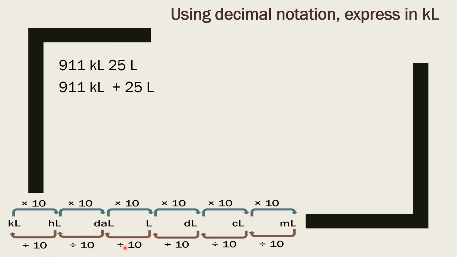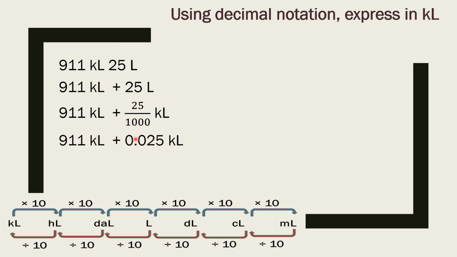It means we need to divide by 1000. So here 911 kiloliter plus 25 by 1000 kiloliter. Now it is in kiloliter, and we will write this fraction part into decimal number, and it is 0.025 kiloliter. Now we will write it all together. It is 911.025 kiloliter.